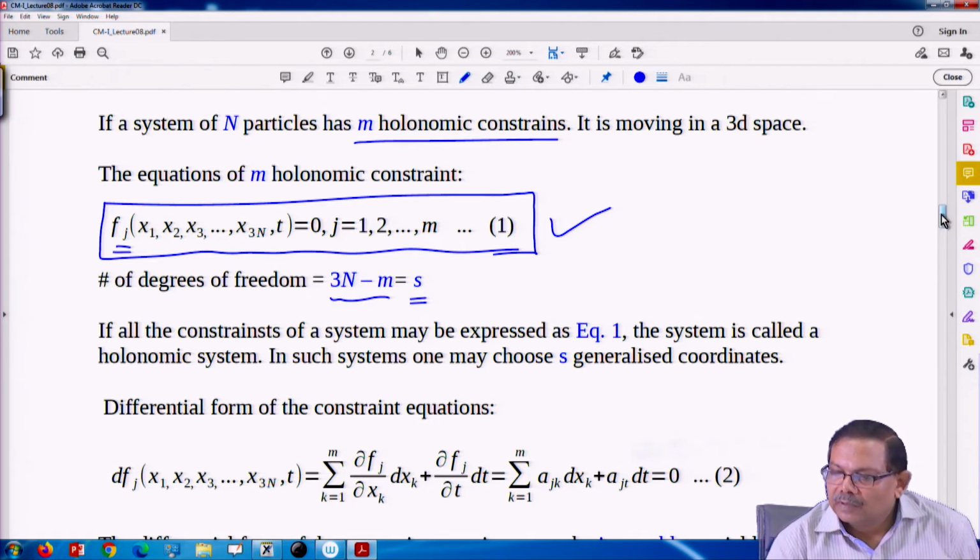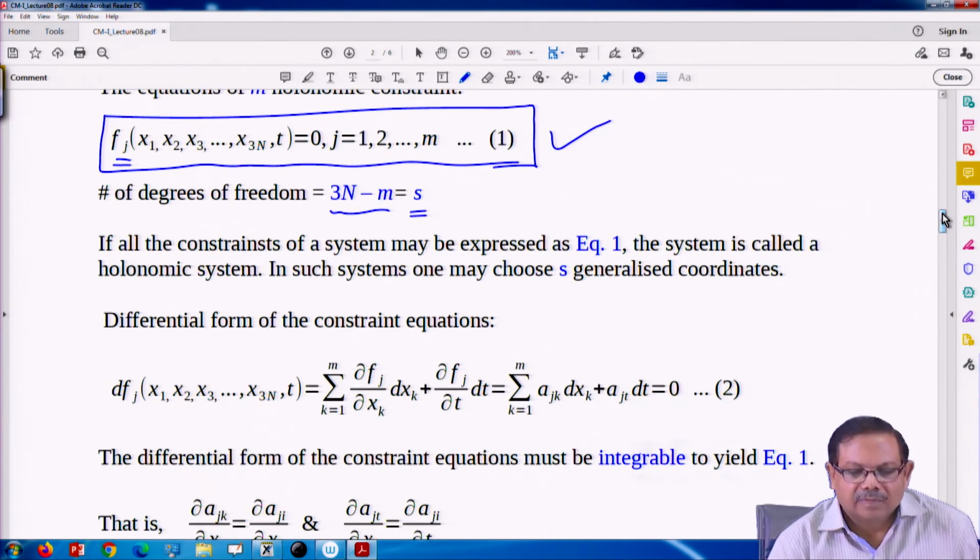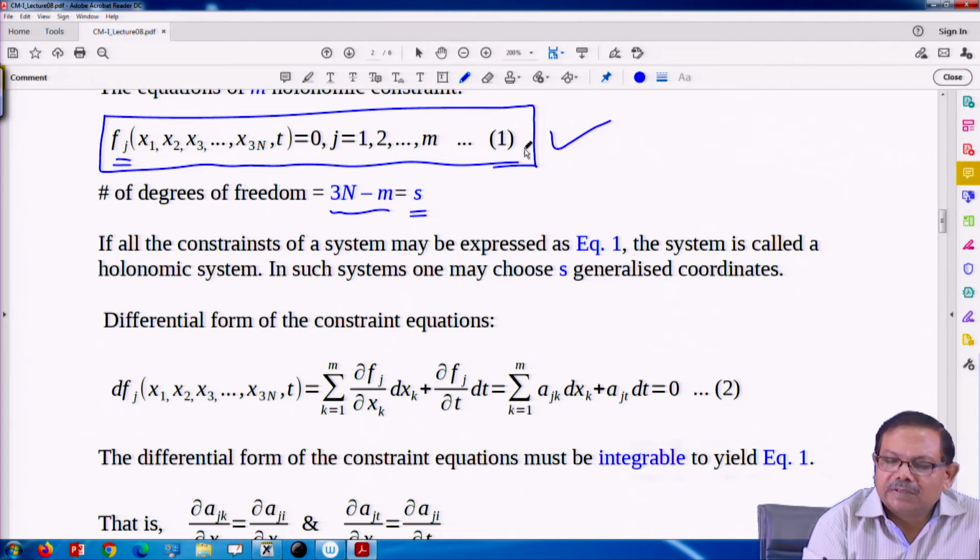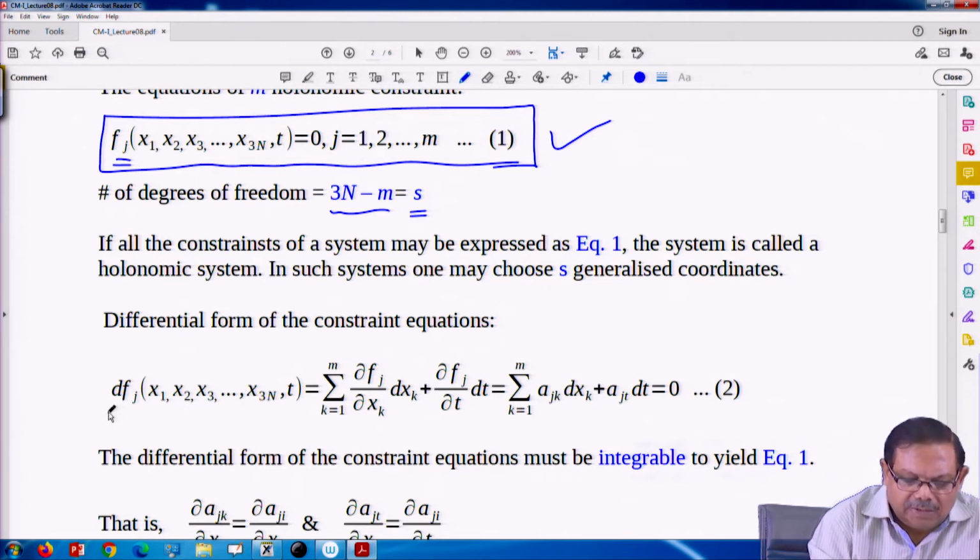So, if I can write the holonomic constraint equation as a function of coordinates and time equal to 0, then I can find the total differential of that. So, I take d of f_j for each j.